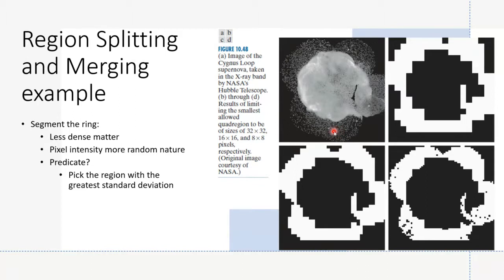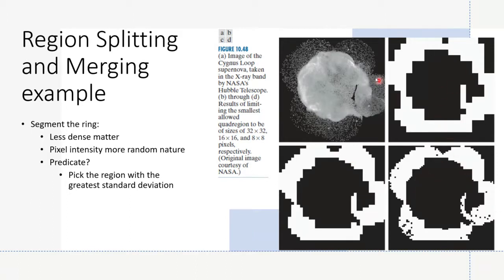So basically, here is one segmentation by quad tree, allowing the smallest quad region to be of the size of 32 by 32, and this one will be of size 16 by 16, and of size 8 by 8.